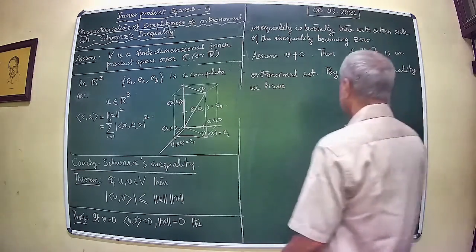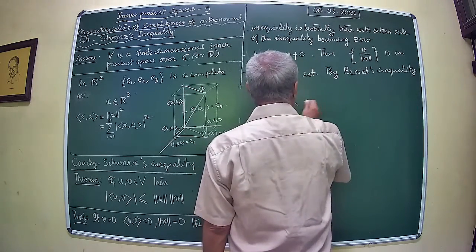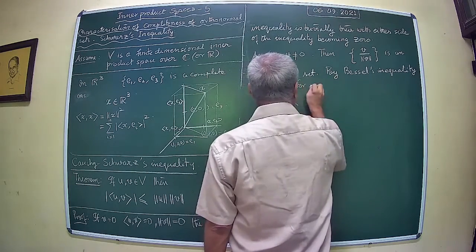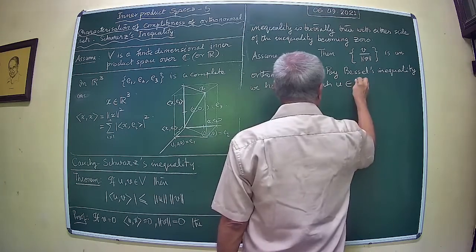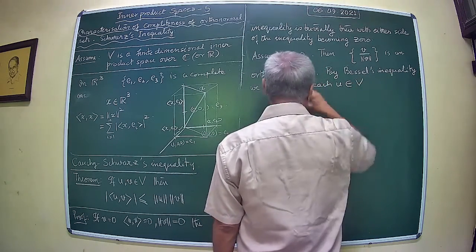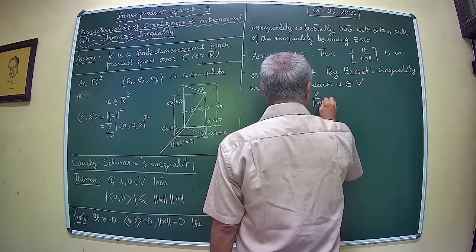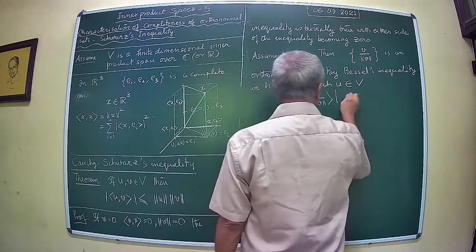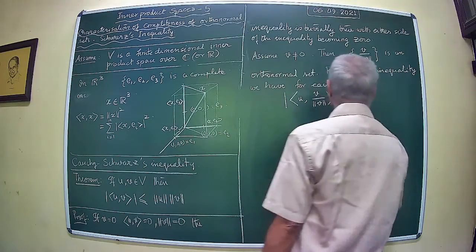It says, for each U, there is only one term in this.